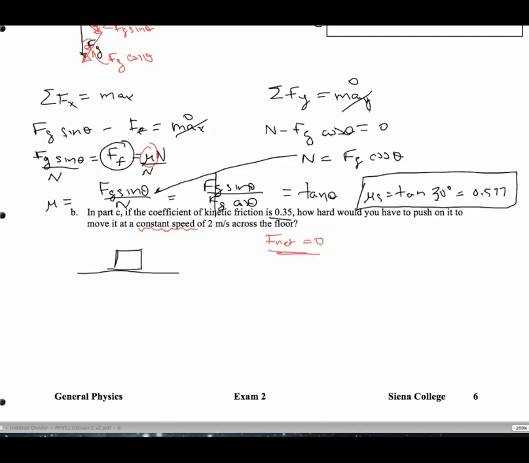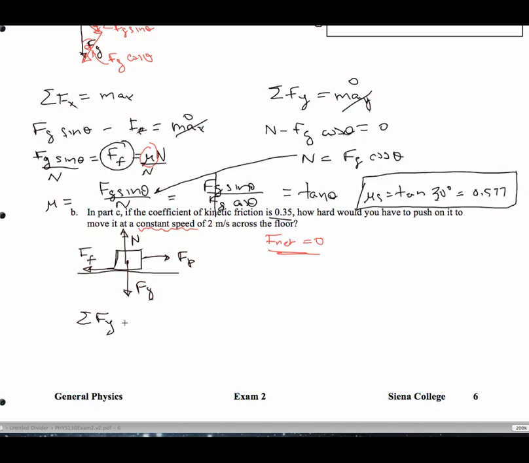Very important. Okay, so the forces acting on this object, we have the force of gravity downward, and we have the normal upward. Now we must be pulling it to the side, right? And then there's the force of kinetic friction opposing that. And if we add all those vectors up, they should add to 0.